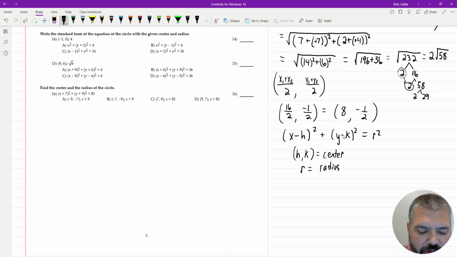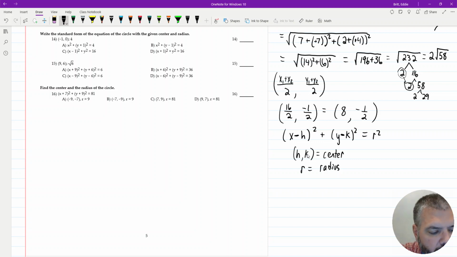Now, just like with your distance formula, and this actually comes from the distance formula, in your parentheses you have a minus here and a minus here. So whenever you find your center, you have to use the opposite sign here and the opposite sign here. I'll show you what I'm talking about when we work out some of these problems.